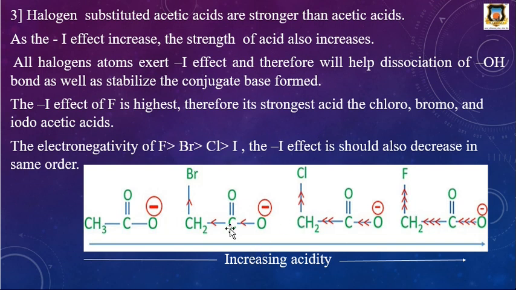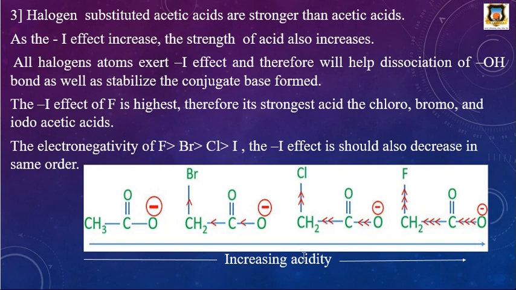Here is the dissociation of acetic acid, bromoacetic acid, chloroacetic acid and fluoroacetic acid. Fluorine exerts strong minus I effect, therefore it withdraws electrons from the OH bond and assists the dissociation of the OH bond, and after dissociation it stabilizes this conjugate base more because it has strong minus I effect.